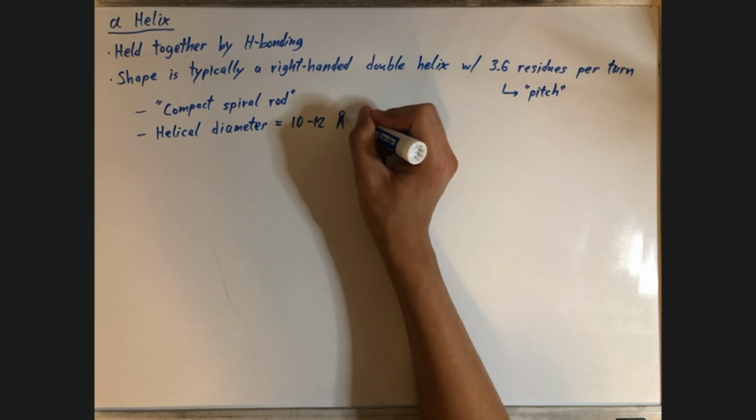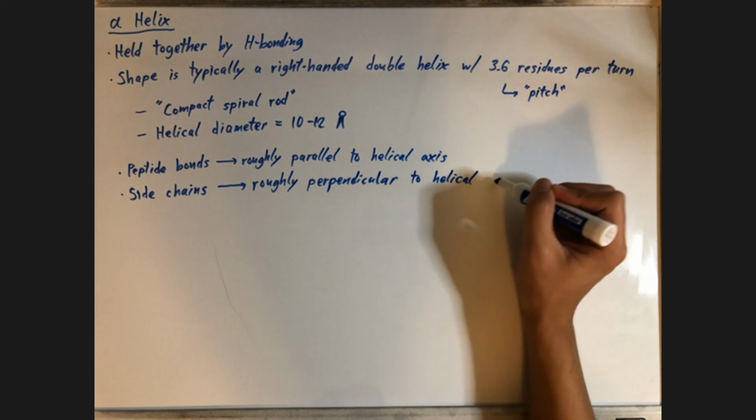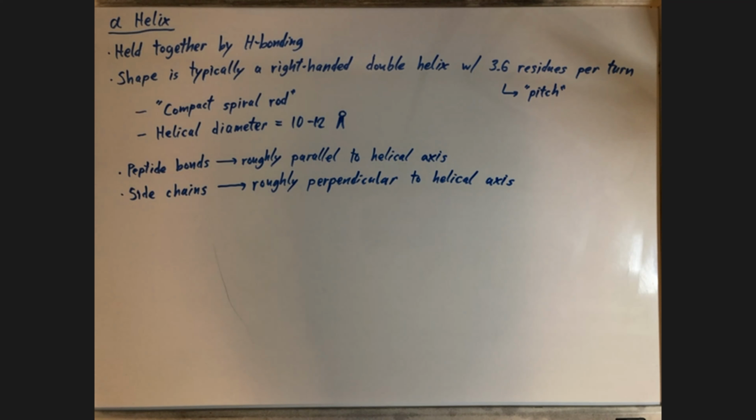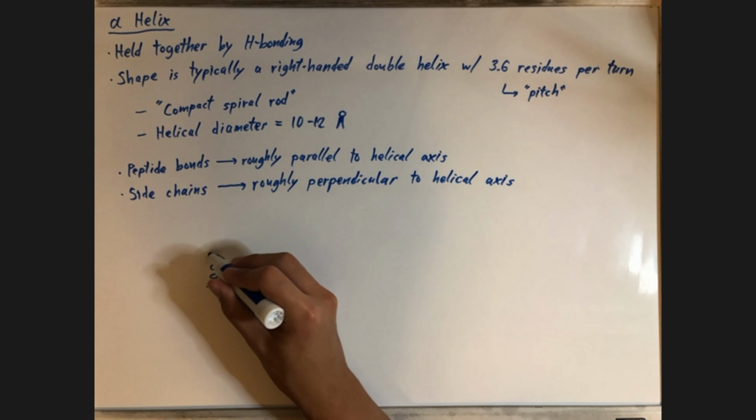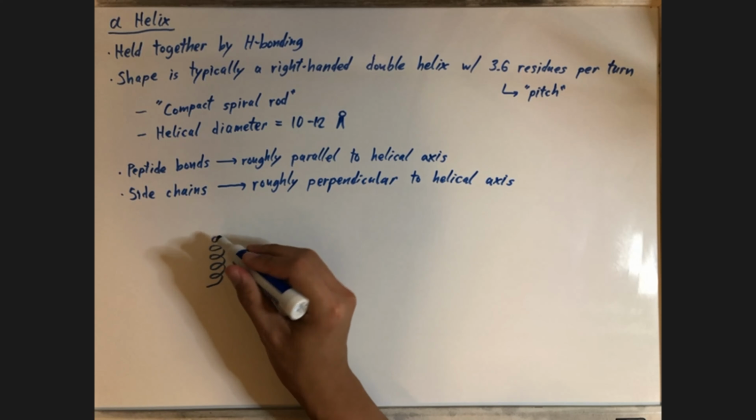The peptide bonds in an alpha helix are positioned roughly parallel to the helical axis, while the side chains are positioned roughly perpendicular to the helical axis. Now, as I mentioned before, the typical shape of the alpha helix is a right-handed double helix. What I'm drawing here is a left-handed double helix.